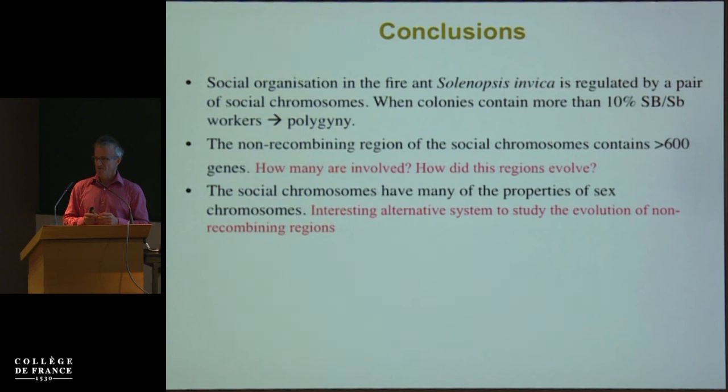And interestingly, there has now been another ant species which has been shown to also have two types of social organization. It's a Formica, a very different type of ant, and it's also due to a supergene, and it's on a different chromosome, it evolved separately.